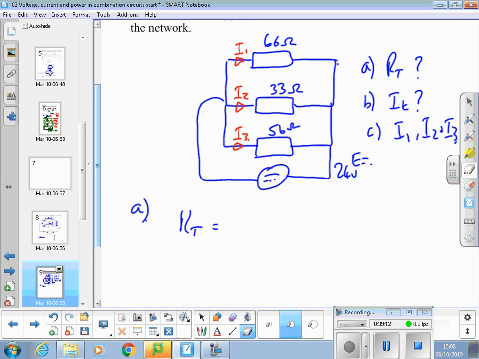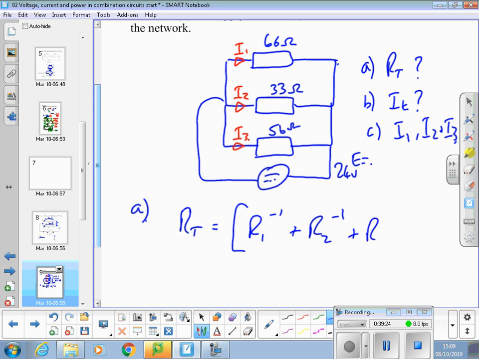Or we can do this formula, RT is equal to brackets R1 to the minus 1, R2 to the minus 1, R3 to the minus 1, all to the power of minus 1.